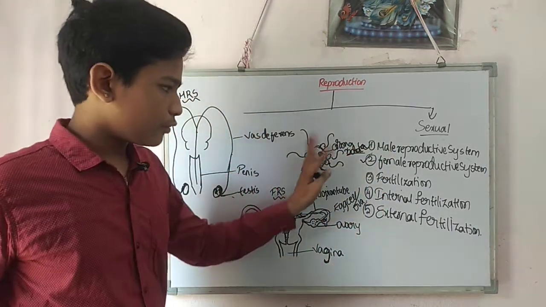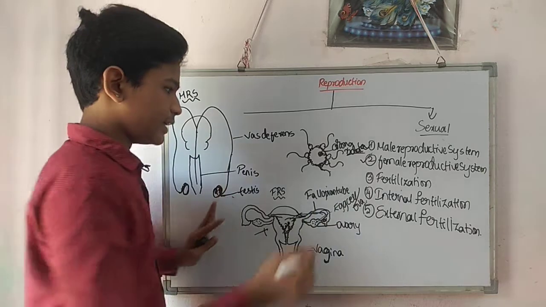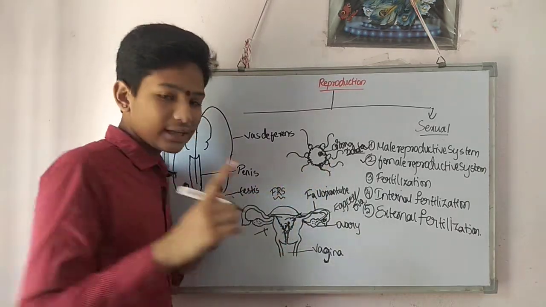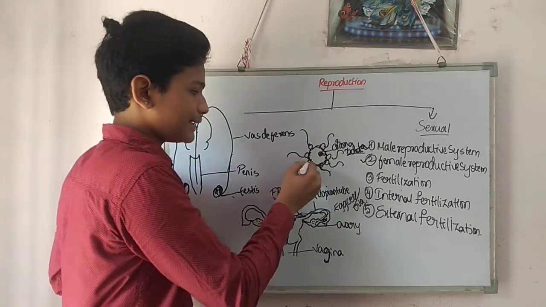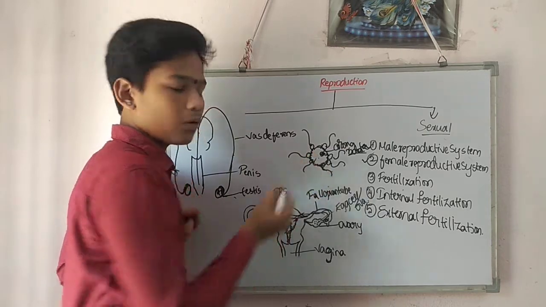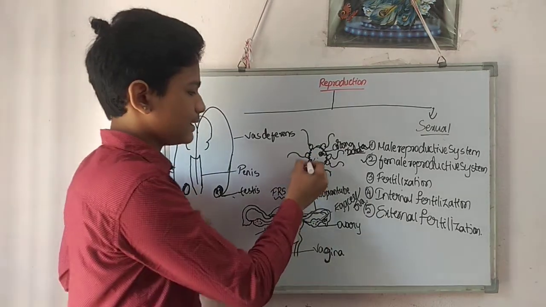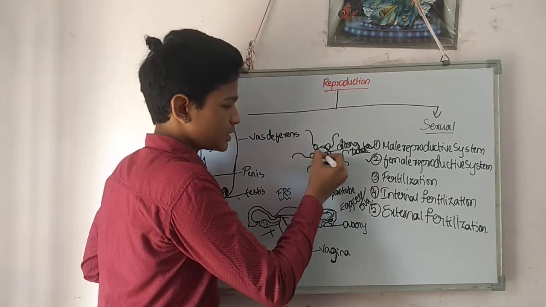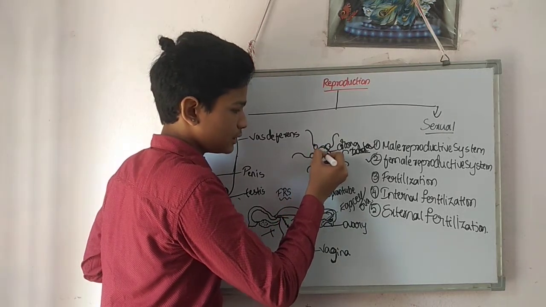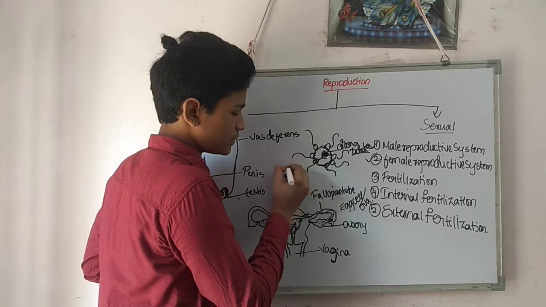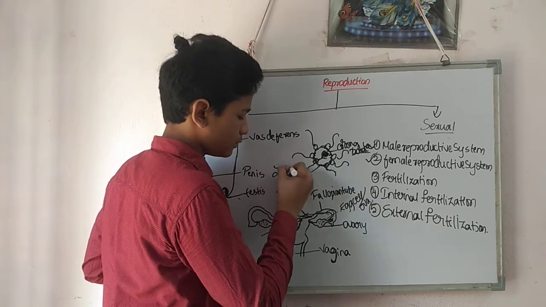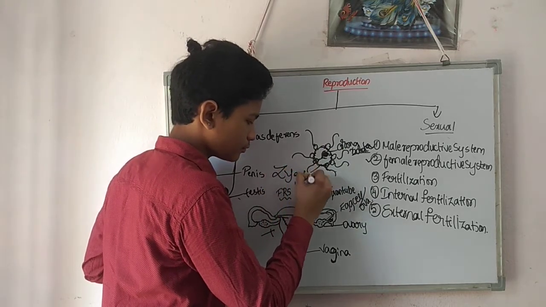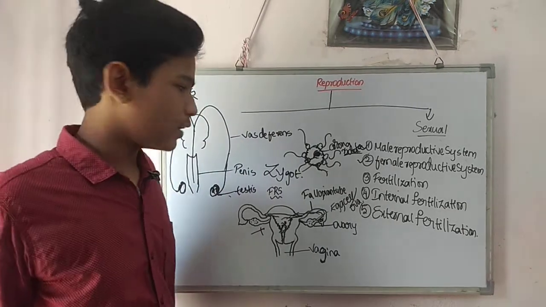Only one sperm gets inside the egg cell and fuses with the ova and produces the zygote.